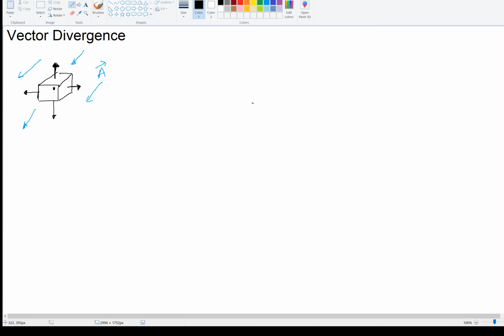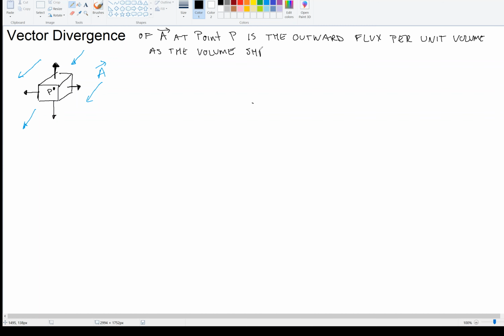Okay, so now we're talking about the divergence, and I'm going to write it down: the divergence of A, of that field at point P, is the outward flux per unit volume as the volume shrinks about P. So the divergence is a point idea.